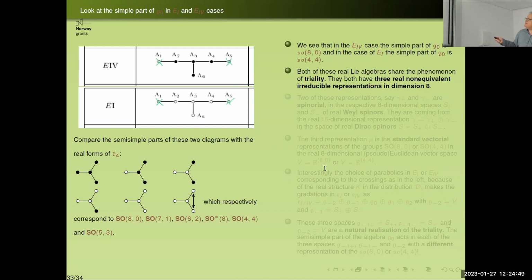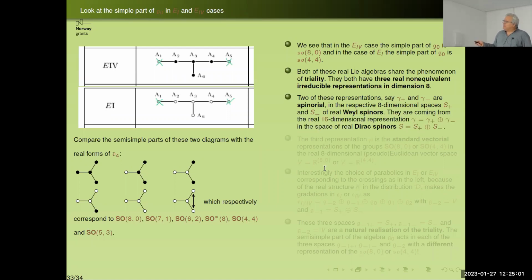They both have 3 real non-equivalent irreducible representations in dimension 8. 2 of these representations, say gamma plus, gamma minus, are spinorial in the respective 8-dimensional spaces of Weyl spinors, S plus and minus. They are coming from the real 16-dimensional representation gamma, which is in the space of Dirac spinors. So the third representation is the standard vectorial representation in dimension 8 in the space of vectors.